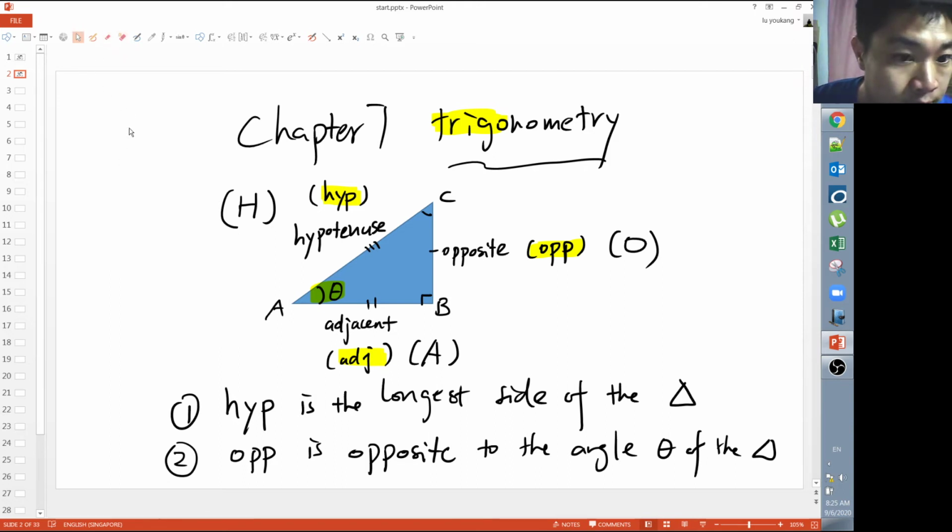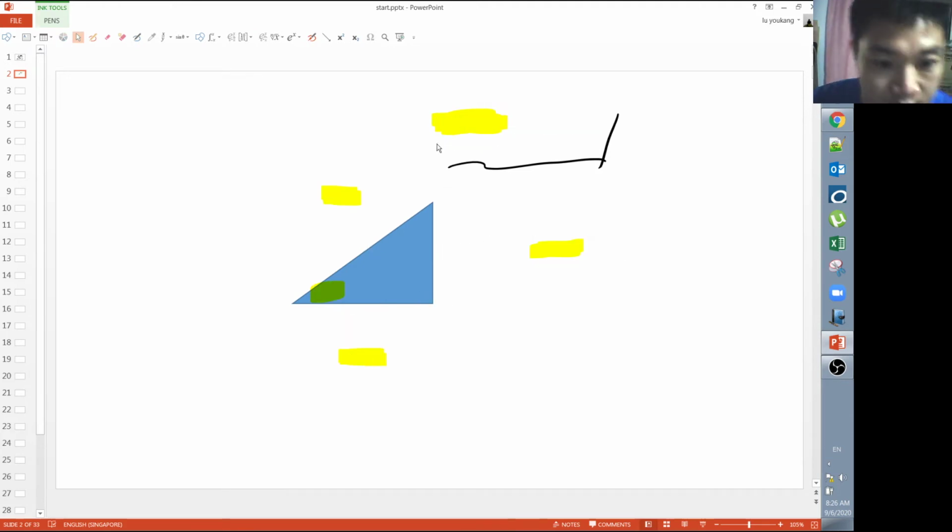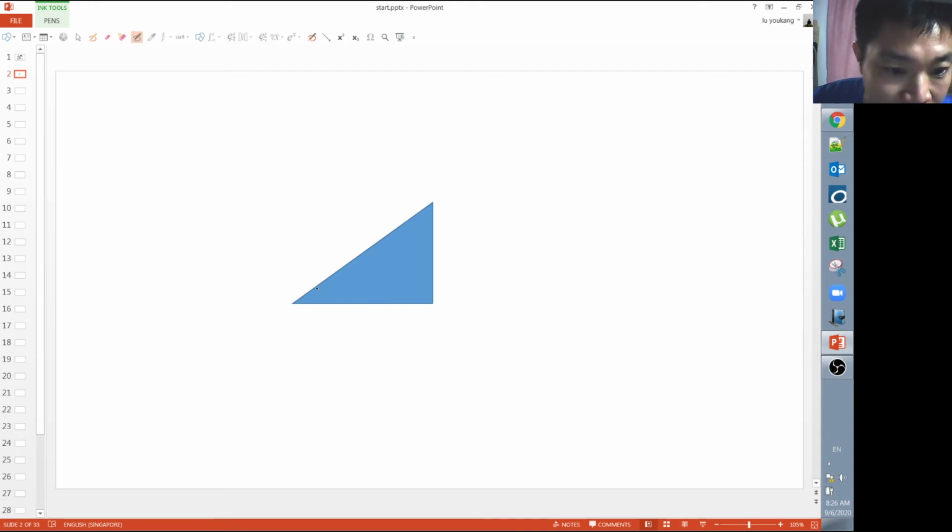Okay, over here, let me erase all of this first. I don't need all of this. What I do need is just this right angle triangle. So you have your angle theta here, and this is your ABC triangle. This is your angle theta, and I hope you still remember this is called the adjacent, and this is the opposite, and this is your hypotenuse.